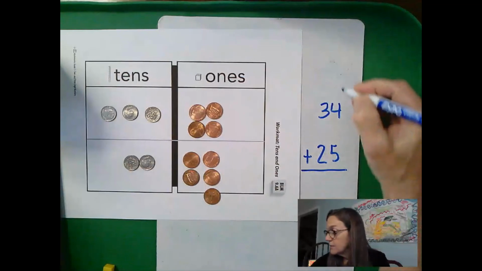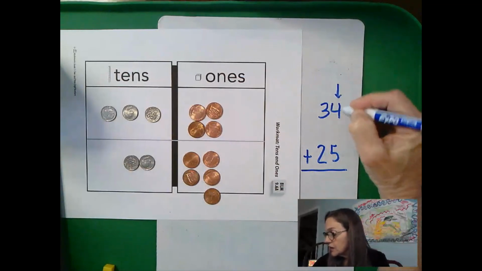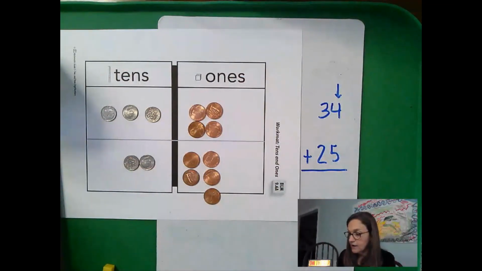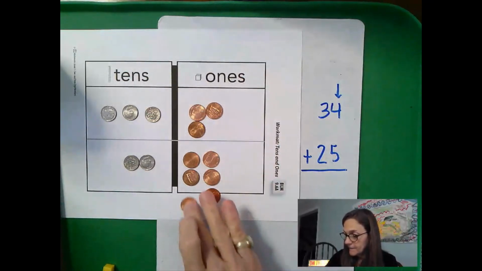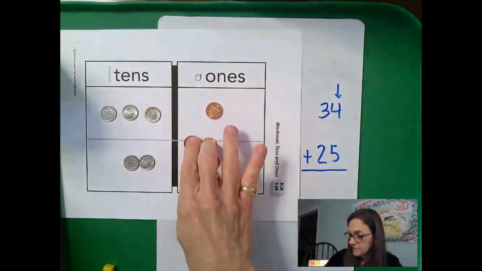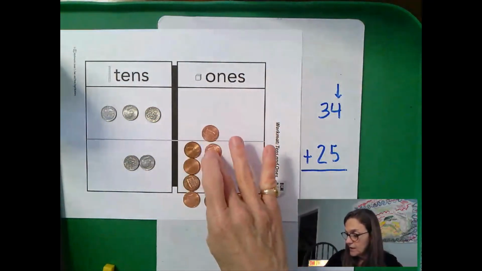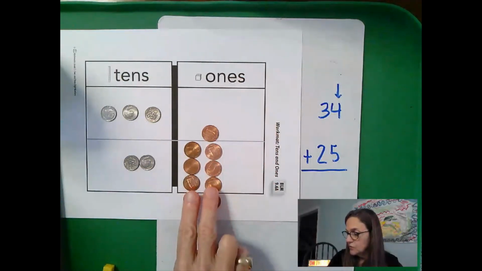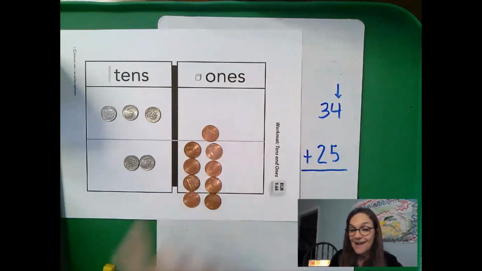Okay, remember that we're going to add the ones first. The 4 and the 5, we're going to combine them. We're putting them together, then we're going to count them. 2, 4, 6, 8, 9.